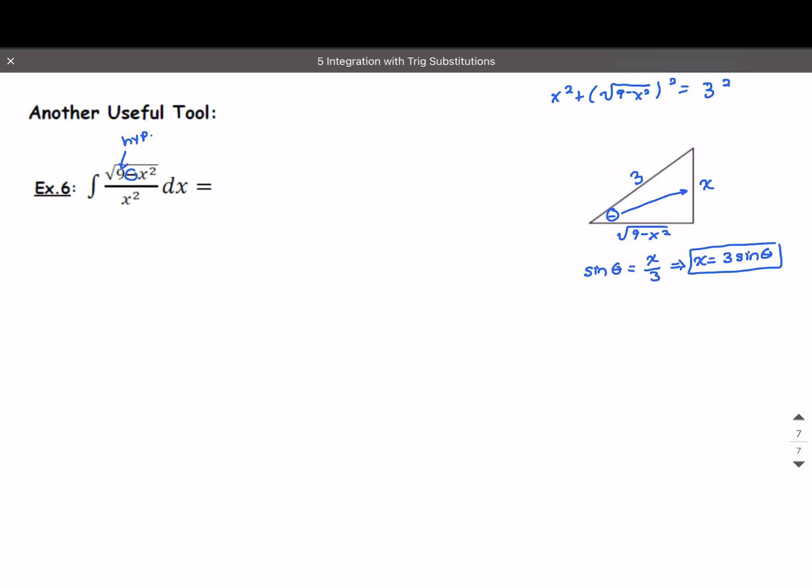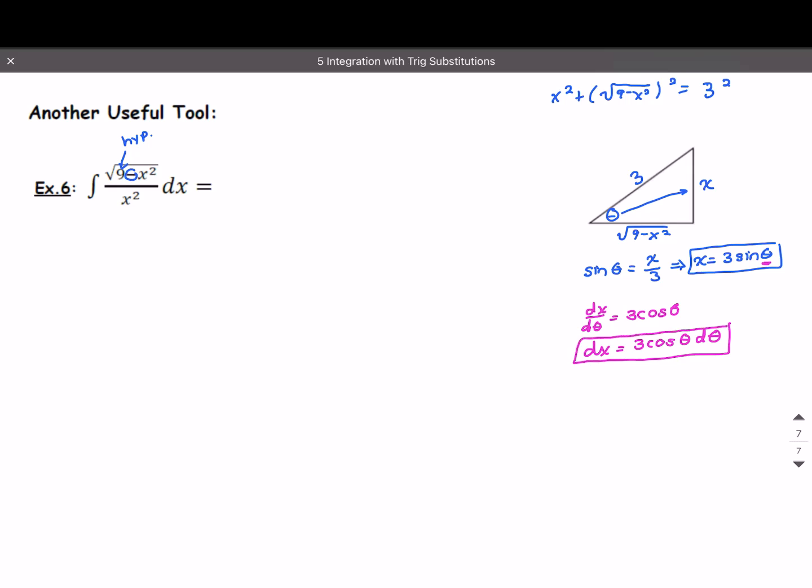That also means that if I was to take the derivative of x equals 3 sine theta with respect to the new variable theta, that dx d theta equals 3 cosine theta, and dx is 3 cosine theta d theta.